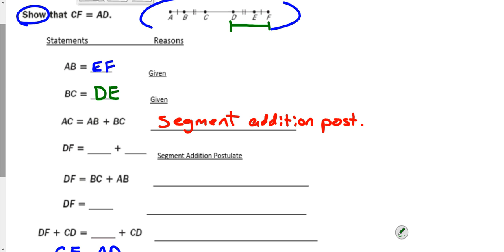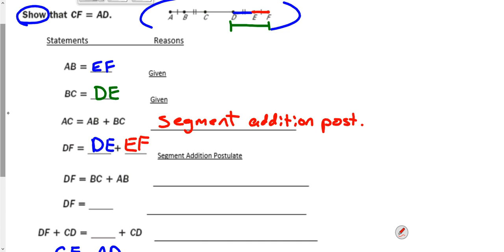DF needs to equal 2 smaller segments adding together. So it equals DE plus EF. DE plus EF equals DF. That's the segment addition postulate.